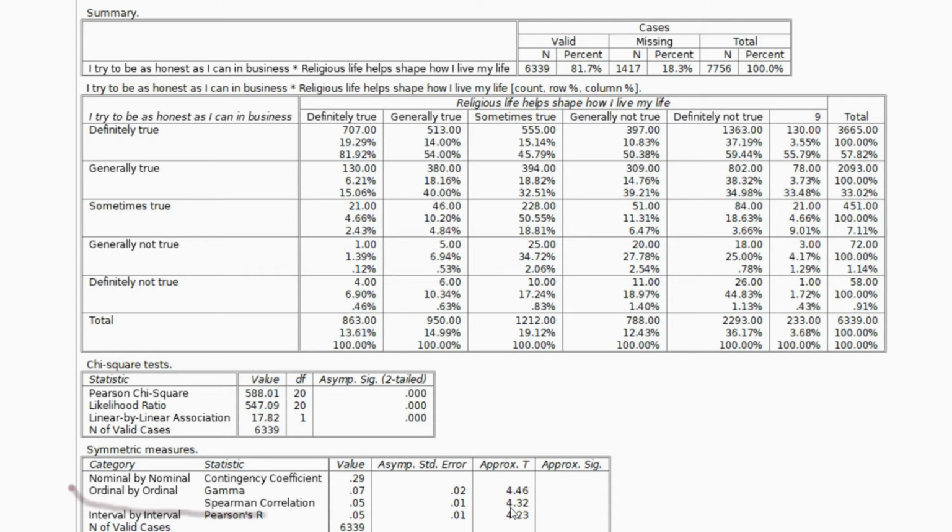Again, while Spearman's correlation and gamma are calculated differently from each other and from contingency coefficients, they are interpreted in a similar way, with 0.3 being considered a moderate association and 0.6 or greater a strong association.